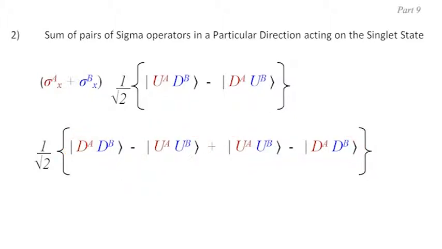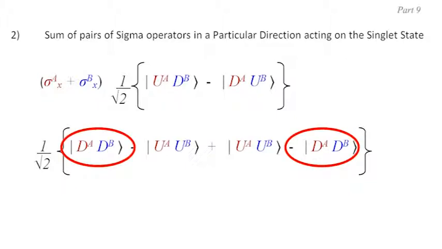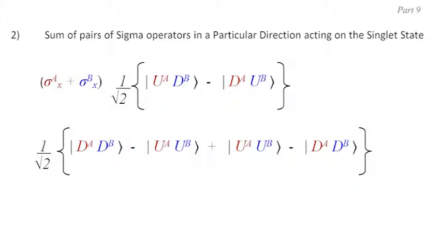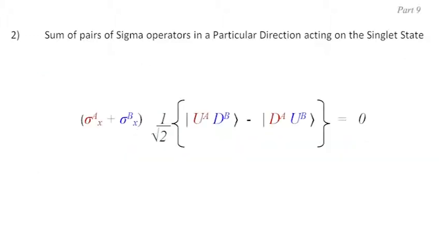Now if you look at all of this carefully, you'll see that pairs of terms balance out. These 2 give 0 and these 2 give 0. So the total answer is 0. In other words, the application of the sum of the sigma x operators onto the singlet state gives 0.